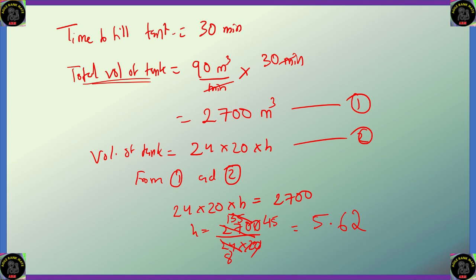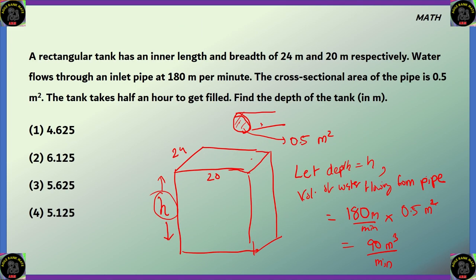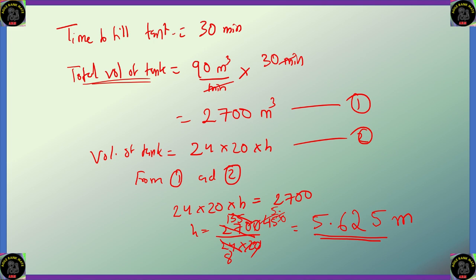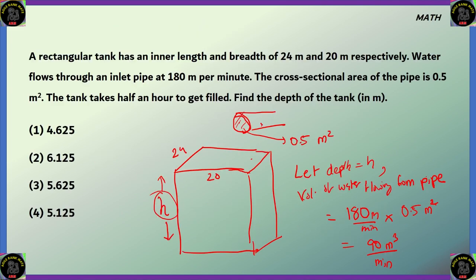So 40 divided by 8 is exactly 5. So this is basically just cancelling out. We'll get 5 and then the remainder will be 5, and if we add a point, we'll get 50 and so on. So forth, we get 5.625. Sorry, not minutes. This will be meters. 5.625 meters as the depth of the tank.